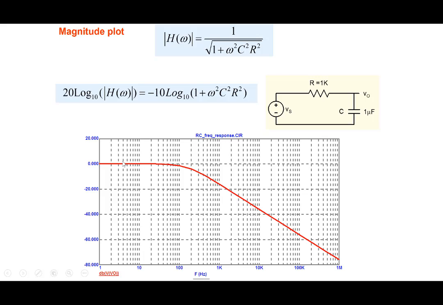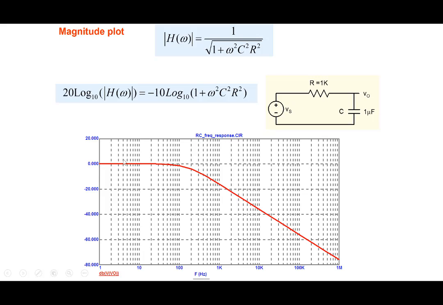0 decibels meaning, please note that H(omega) in dB is nothing but a log of V0 by V1. So 0 means V0 by V1 is actually 1, and when you take log of 1, you get 0. So when you see 0 decibel, it means the signal is simply able to pass through. V0 by Vs is basically equal to 1.